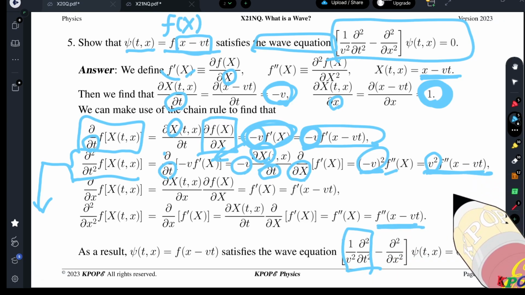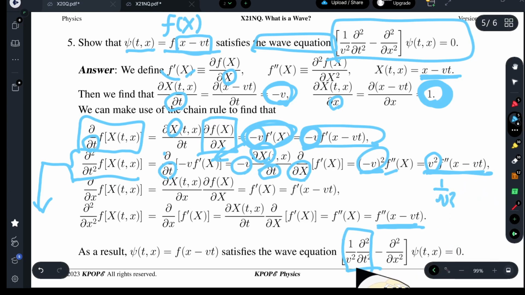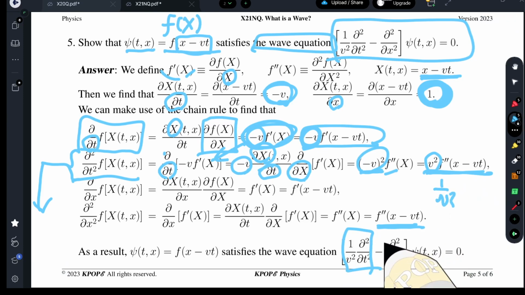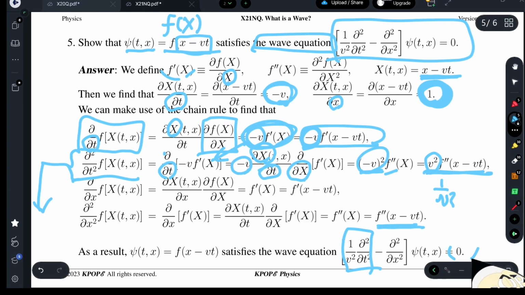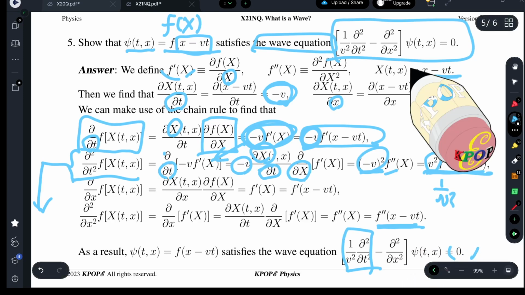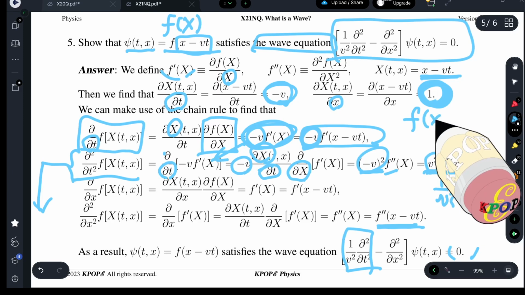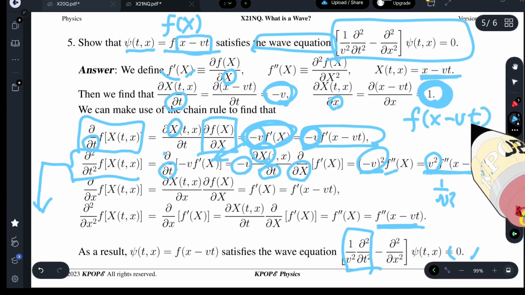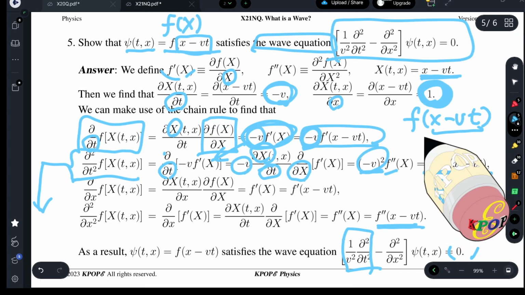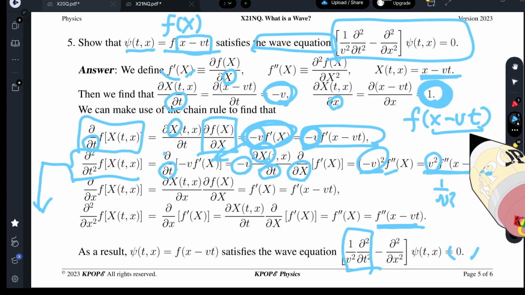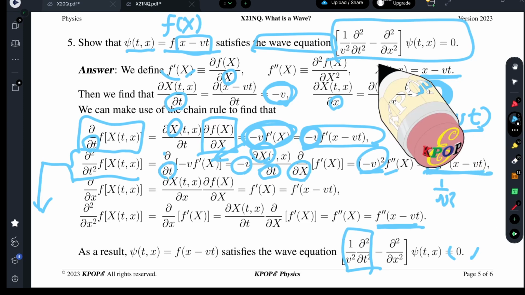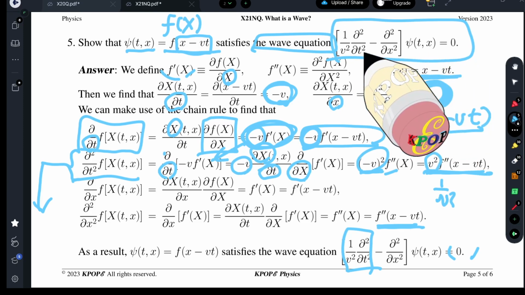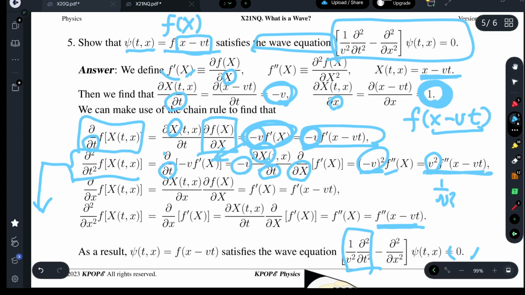Therefore, if I subtract 1 over v squared times this from the double x derivative, it vanishes. So this arbitrary function f whose argument is completely determined by x minus vt satisfies the wave equation that is propagating along either the positive x-axis or the negative x-axis.